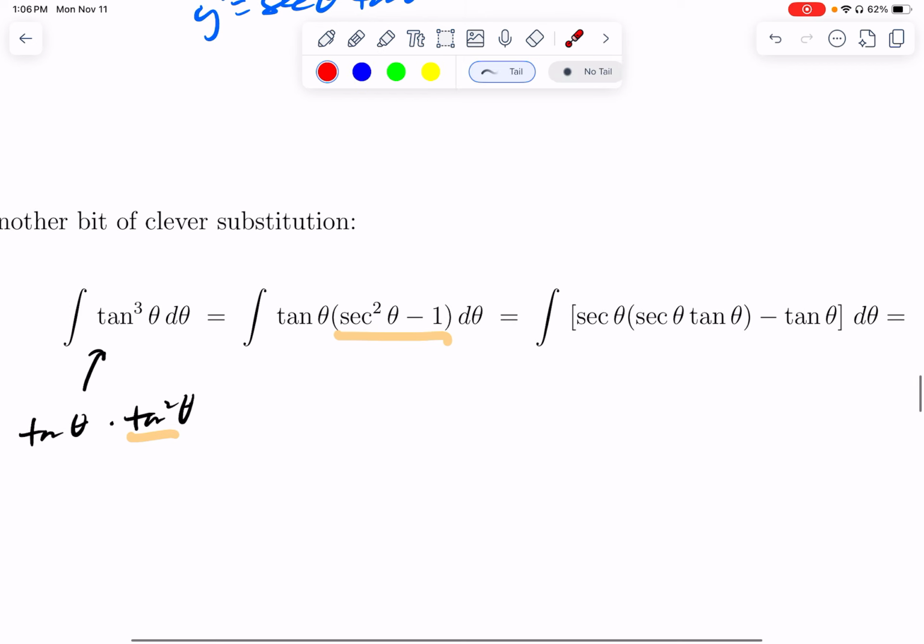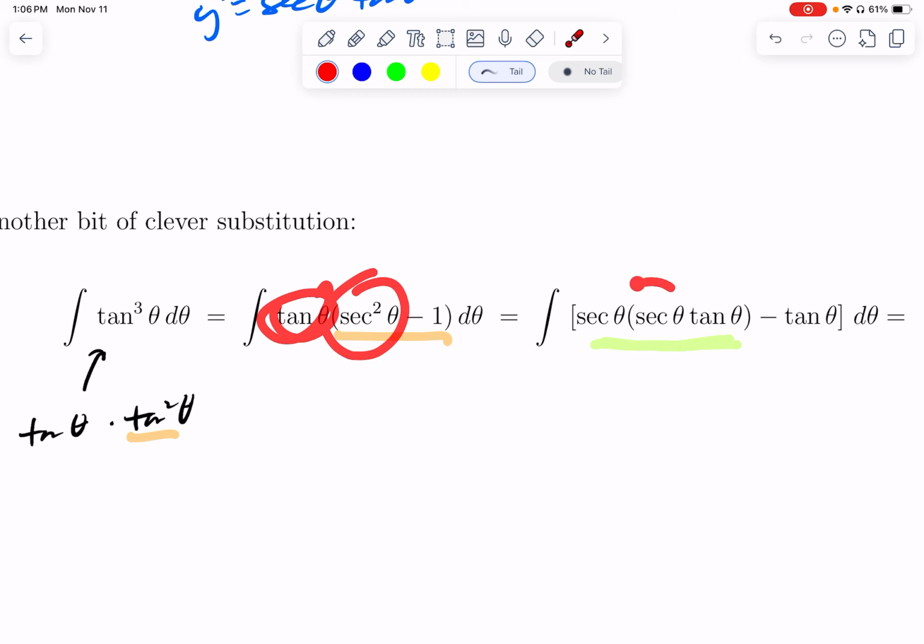Now I'm going to distribute. So I have tangent times secant squared theta. So that's 1 tangent and 2 secants. I have that over here. I've written it in a different order for reasons that will become clear later. But hopefully you realize tangent theta times secant squared theta is what this is. And then the other part is tangent of theta times 1, which is tangent theta.